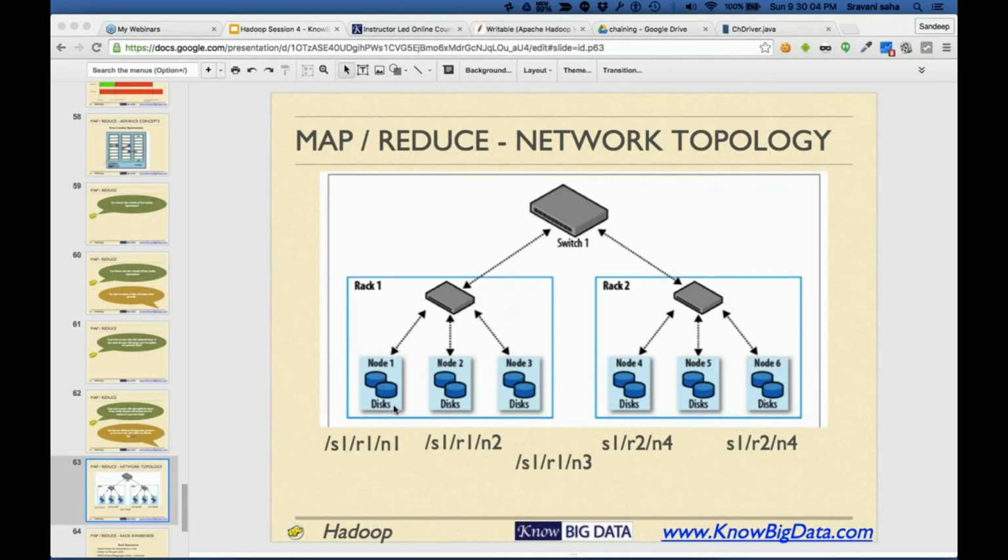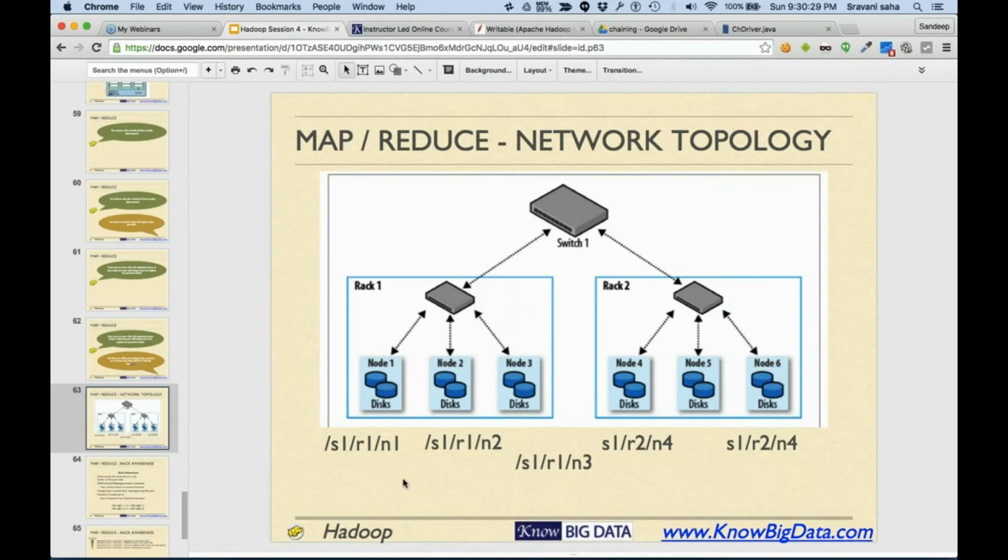Therefore you have to convert an IP address into a tree, and based on this tree Hadoop will figure out the distance. Okay, so what you do is you take a node and give a name to it in the form of a tree: s1/r1/n1, s1/r1/n2, and so on. Okay, this is the network topology which you define.